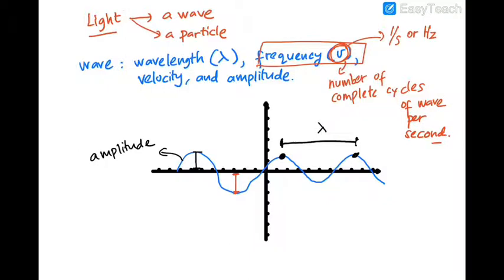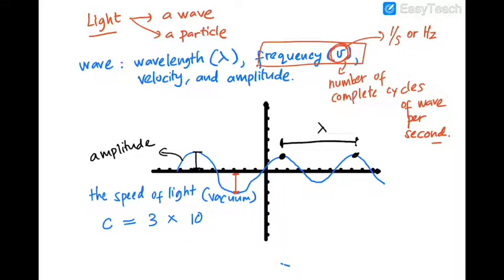Normally this is defined in vacuum, and we symbolize it as c, which is around 3 multiplied by 10 to the 8th meter per second.